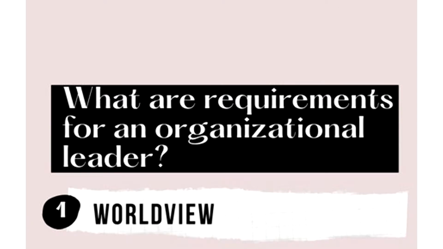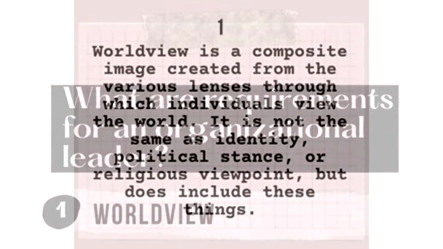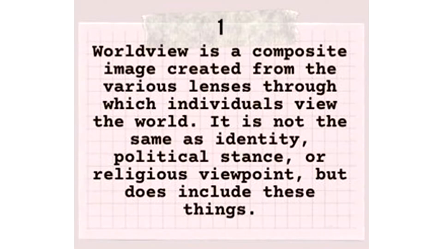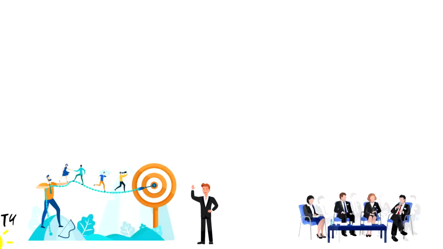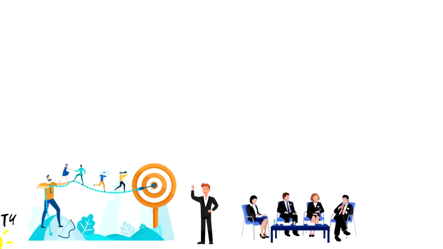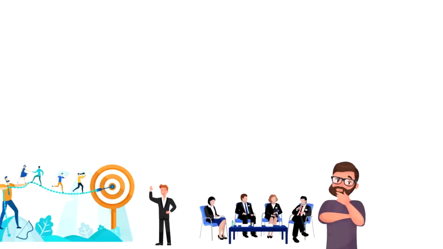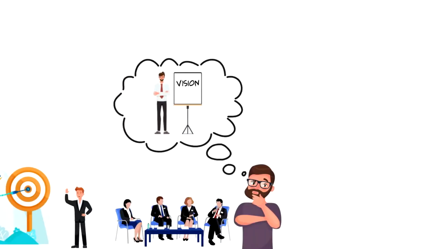Worldview is a composite image created from the various lenses through which individuals view the world. It is not the same as identity, political stance, or religious viewpoint, but does include these things. It incorporates everything an individual believes about the world, combining the tangible and the intangible.